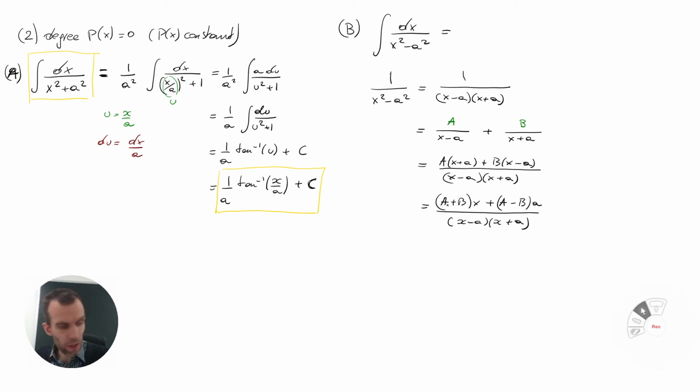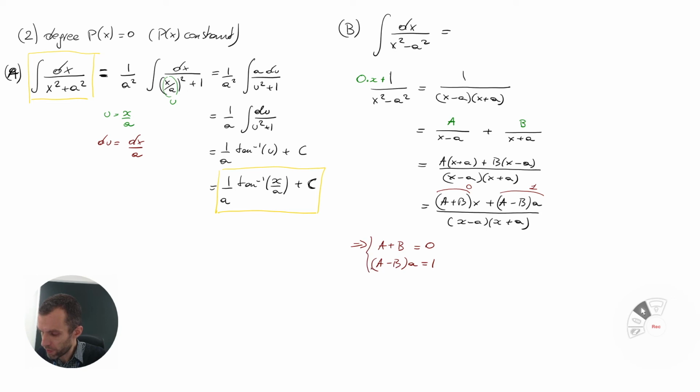And so now if I look at these coefficient expressions here, I have something in x plus a constant term, and if I look back at where I came from, here I basically have 0 times x plus 1. So if I want these two expressions to match, what I need is that a plus b, the coefficient of x, is 0, and (a minus b) times a is equal to 1. So I want this thing to be 0 and this whole thing to be 1. So this gives me a small system of equations that I can solve.